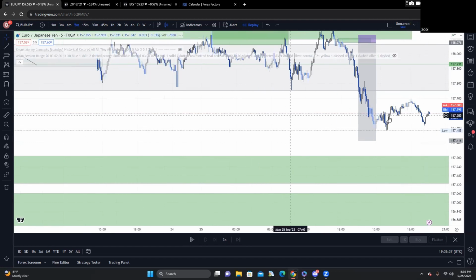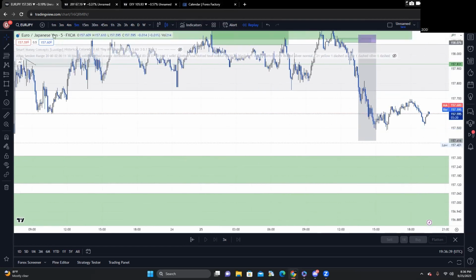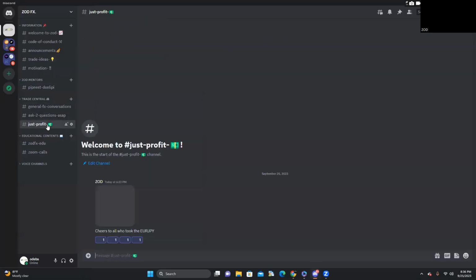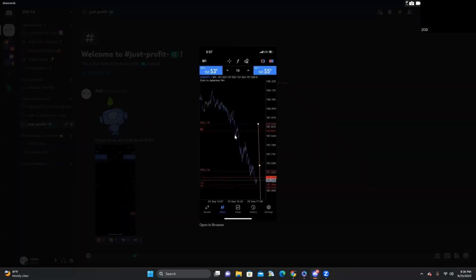But for now, I'm out of this trade, and yep, that's about EURJPY. And just if you are wondering, yeah, I did take the trade. That's EURJPY 357, so September.